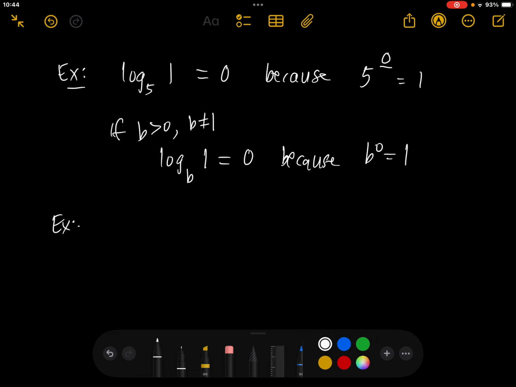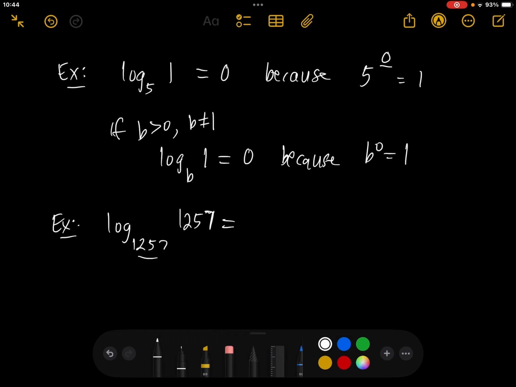What about log base 1,257 of 1,257? Well, we have to ask ourselves, so here's the base, right? So 1,257 is the base, and we're asking ourselves what power, so let's call this number x, that we're trying to find.